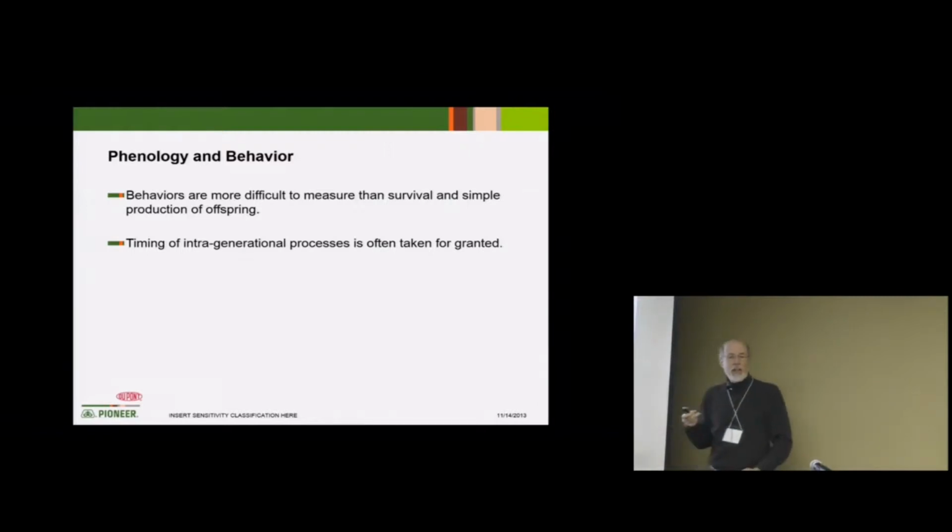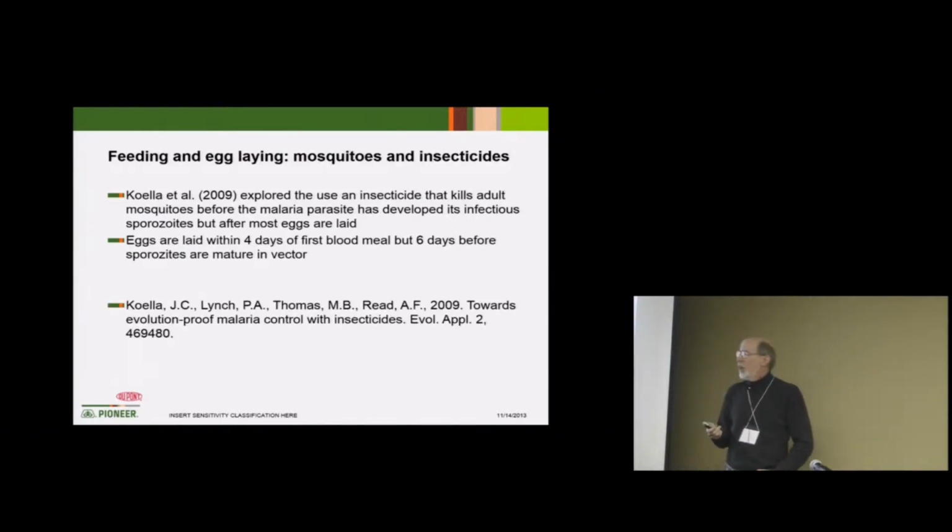Behaviors are very important, but they're harder to measure compared to mortality. And so often we don't focus on that first. And then, of course, timing of intergenerational processes is often taken for granted, at least at the first round of going over your problems.